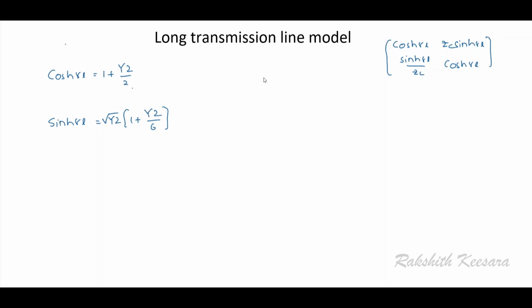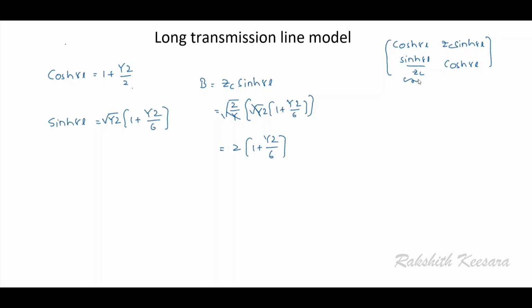Now let us calculate B. B is equal to ZC sinh γl, which is root over Z by Y. Sinh γl is root over YZ into 1 plus YZ by 6. This will be Z into 1 plus YZ by 6, right?